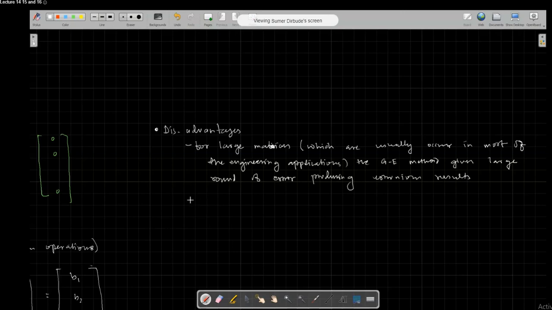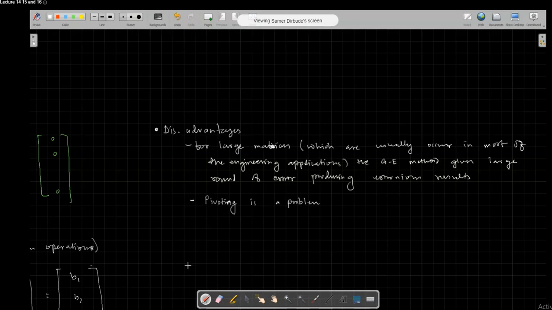The second problem with this is pivoting. Pivoting is a problem. What is pivoting?